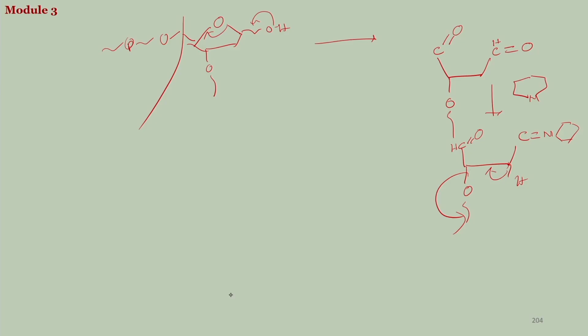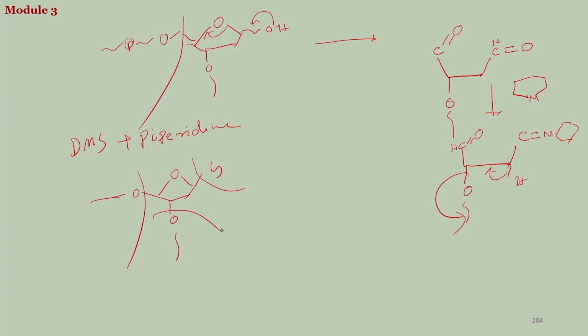So, ideally what you get is, by the treatment of DMS plus piperidine, you get a cleavage. If you have the G, then you get a cleavage here that prompts a cleavage here and a cleavage there.